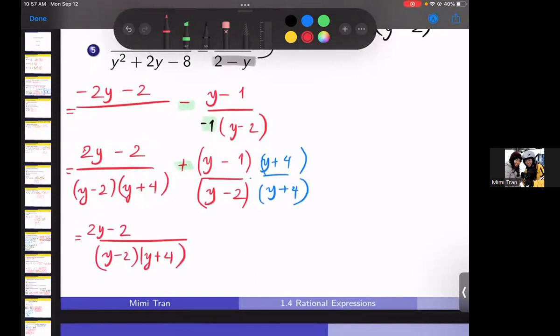Distribute that second one. Y times y is y squared. I'm going to put the parenthesis here, okay? I'll remove it later. Plus 4y minus 1y minus 4. The reason I do the parentheses now for you is because here we have a plus.